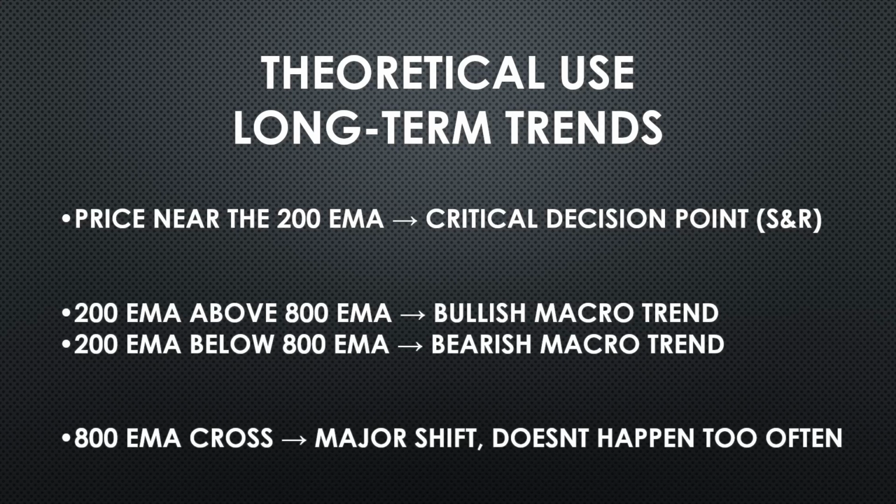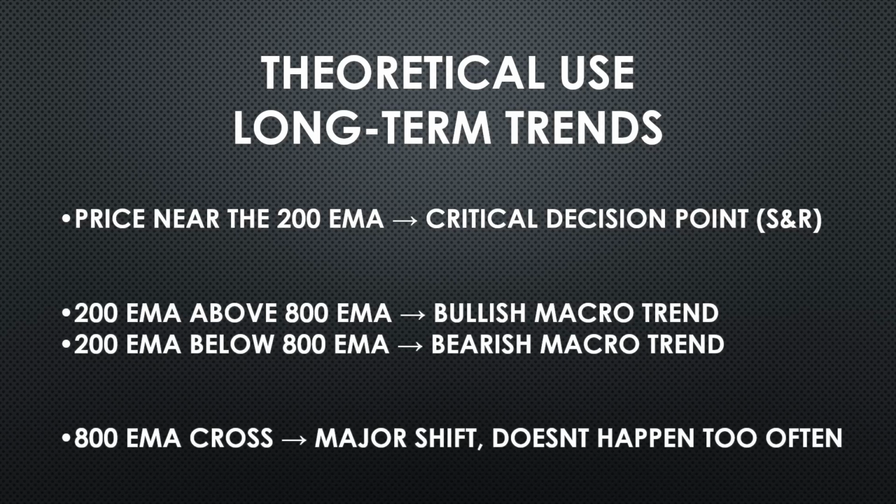Theoretically, we could say if our 200 EMA is above the 800 EMA, we're in a bullish macro trend, and if the 200 EMA is below the 800 EMA, we're in a bearish macro trend. Then if price crosses our 800 EMA, this usually indicates a major shift, and this doesn't happen too often.